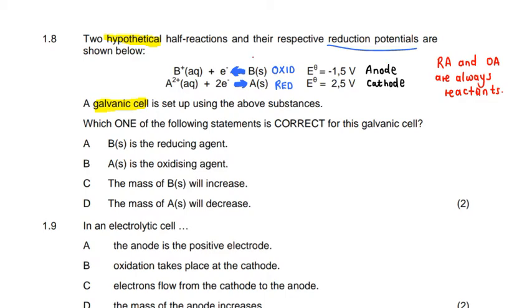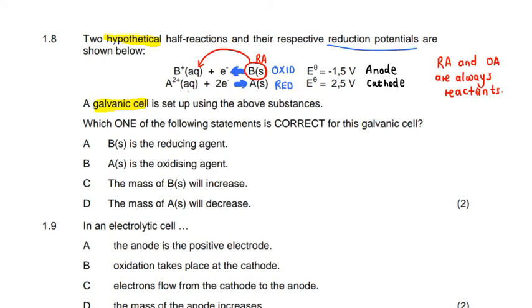So if we start with this oxidation half reaction, going that way, the B solid is a reactant. What undergoes oxidation? The reducing agent. So a reducing agent undergoes oxidation, and it's oxidized into the B plus ions.